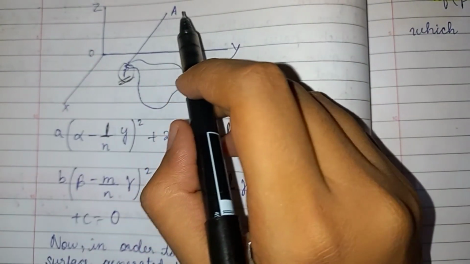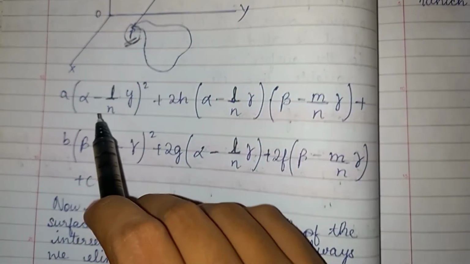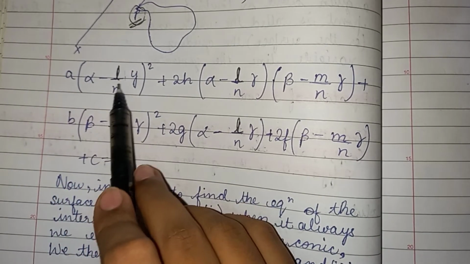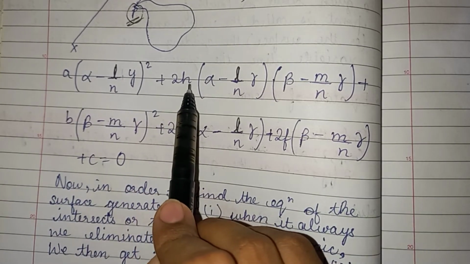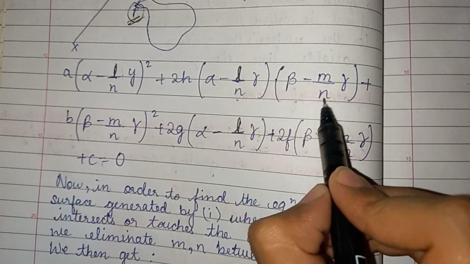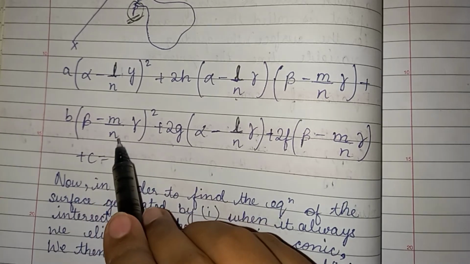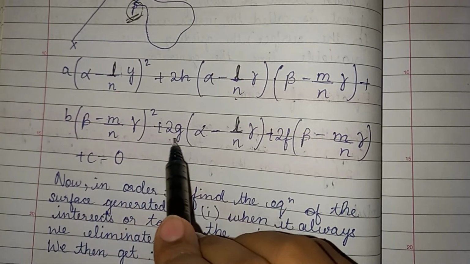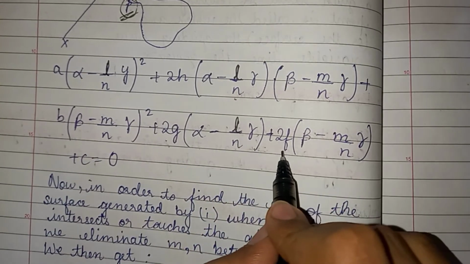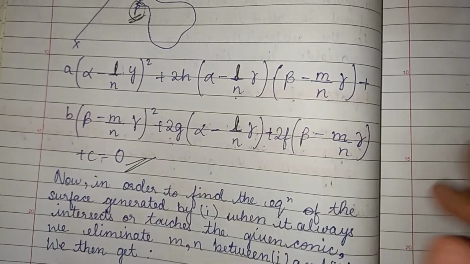Okay, and since it passes through line AP, the equation will be a into (alpha minus l upon n gamma) whole square plus 2h into (alpha minus l upon n gamma) into (beta minus m upon n gamma) plus b into (beta minus m upon n gamma) whole square plus 2g into (alpha minus l upon n gamma) plus 2f (beta minus m upon n gamma) plus c is equal to 0.